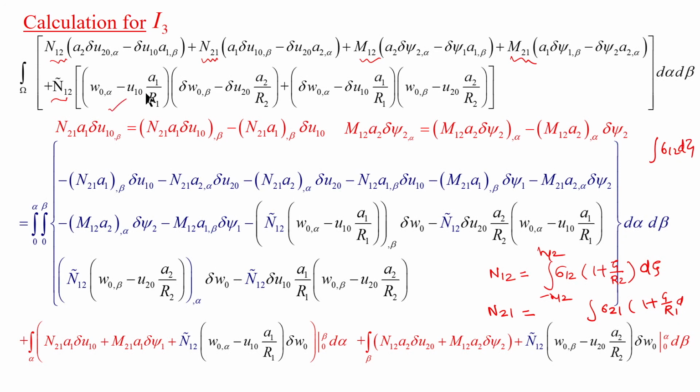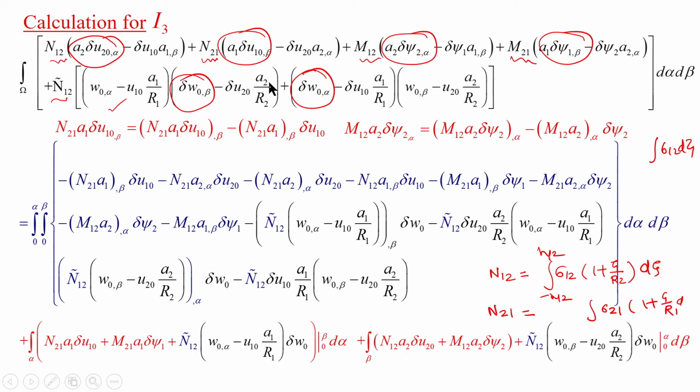So, these are our nonlinear contributions. Again, this one and this one have derivatives along alpha and beta, so we have to convert into a primary form and proceed further.